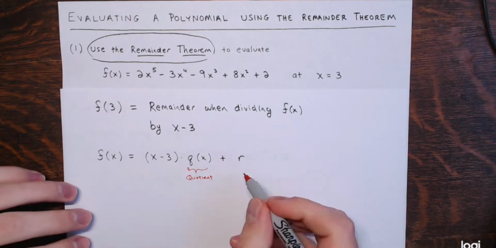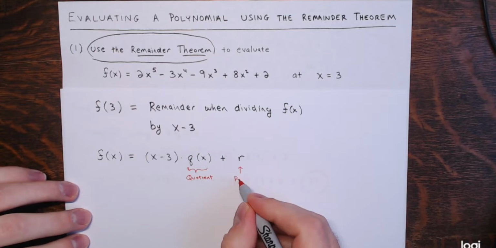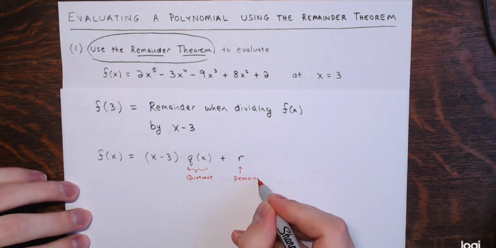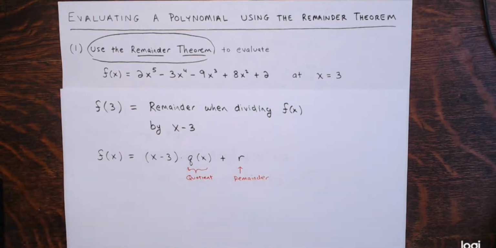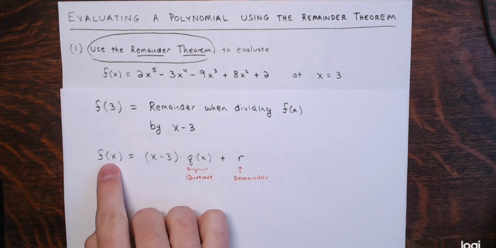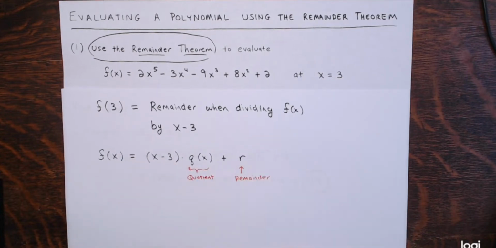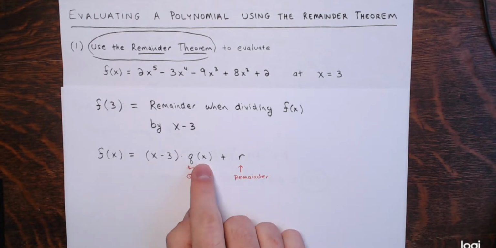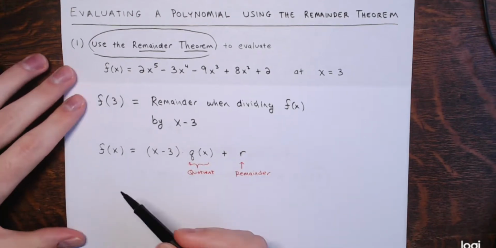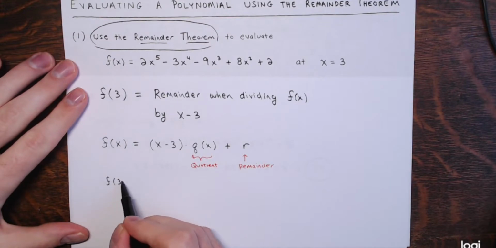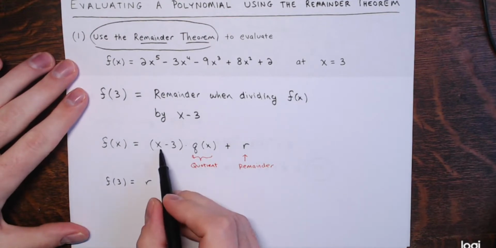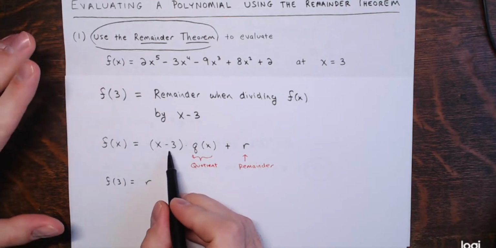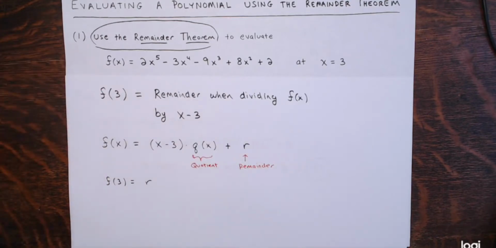I'm just writing what they had in the book. This is the way, if you divide a polynomial by x minus 3, you write that polynomial as x minus 3, the divisor, times the quotient plus the remainder. And so you see that f of 3 would be equal to r, because 3 minus 3 in this first term is 0. So that's what the remainder theorem states.